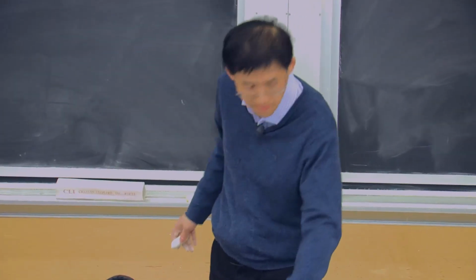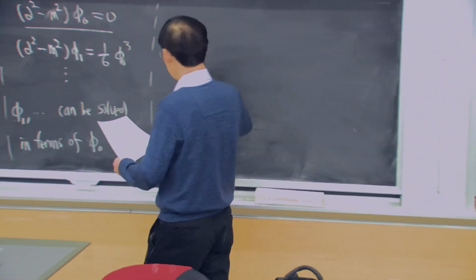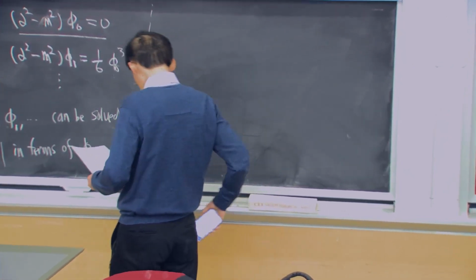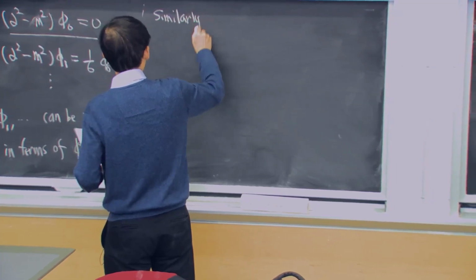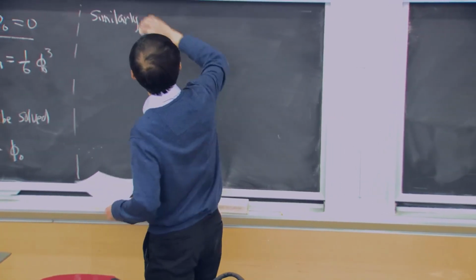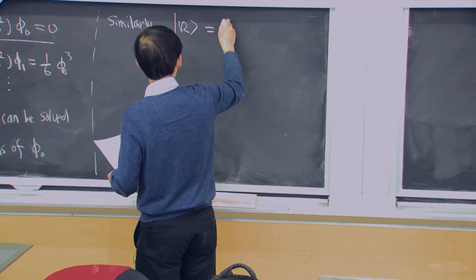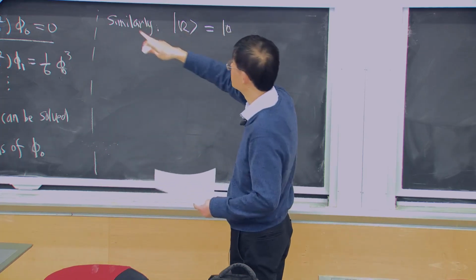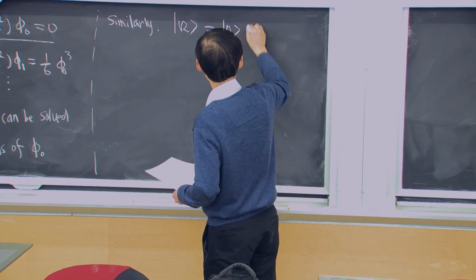Similarly, we can solve for this Ω using perturbation theory. First we expand this Ω in a power series. This is the vacuum of your interacting theory, and we expand it in terms of a perturbative series.